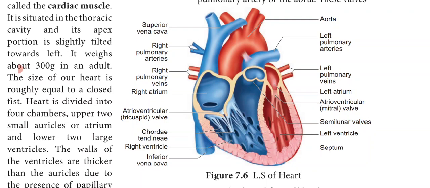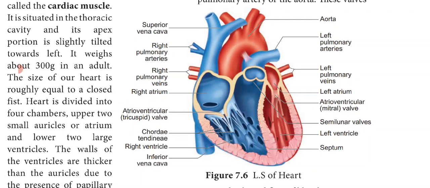The opening between the right atrium and the right ventricle is guarded by the tricuspid valve. Tri means 3, so there are 3 flaps or cusps present in this valve. Whereas the bicuspid valve, bi meaning 2 flaps or cusps, otherwise called the mitral valve, guards the opening of the left atrium and the left ventricle.